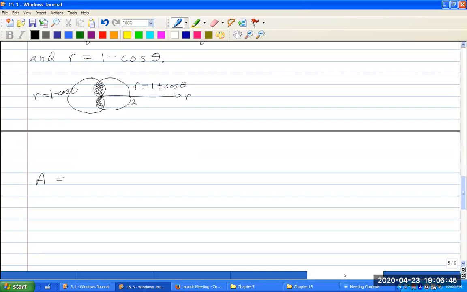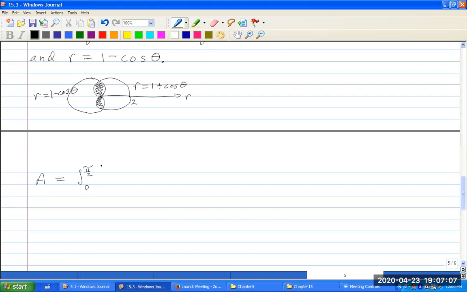So let's go from 0 to pi over 2. So this first region. If I do that, well, let's see.